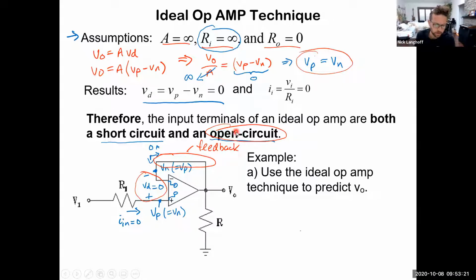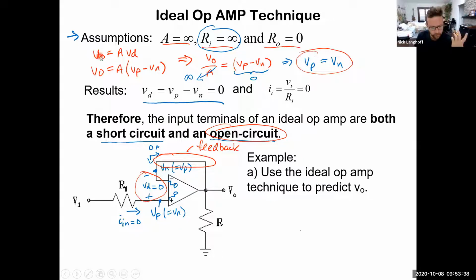Through that feedback path, the op amp will do whatever it has to. If A is infinity, that means VP minus VN, the difference of those, must be 0.